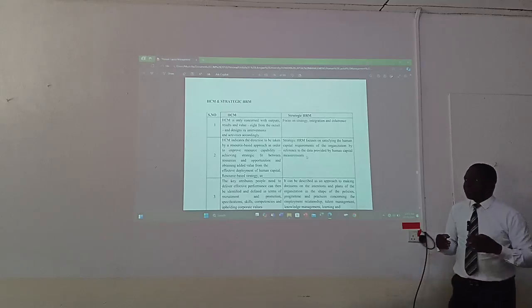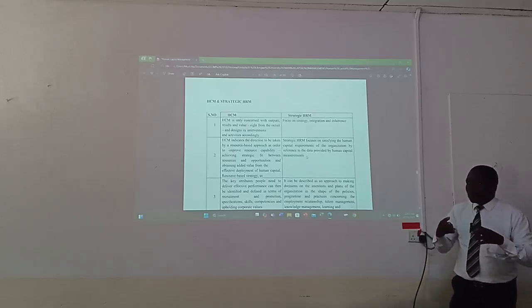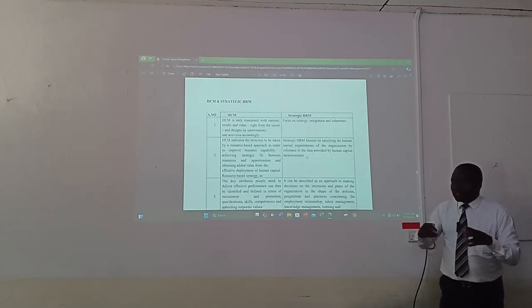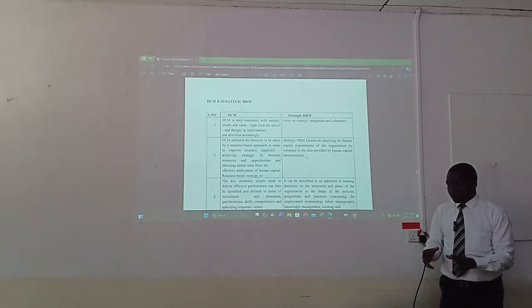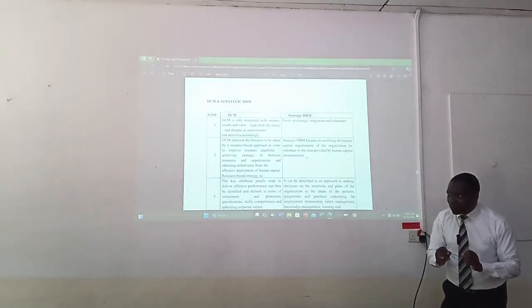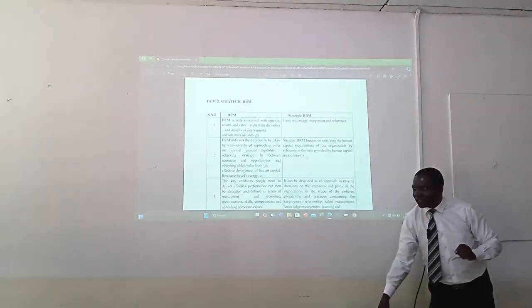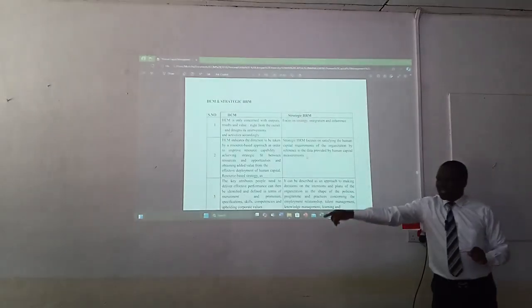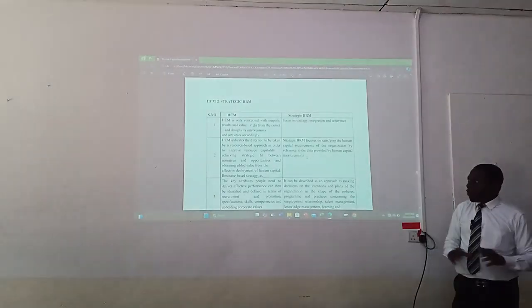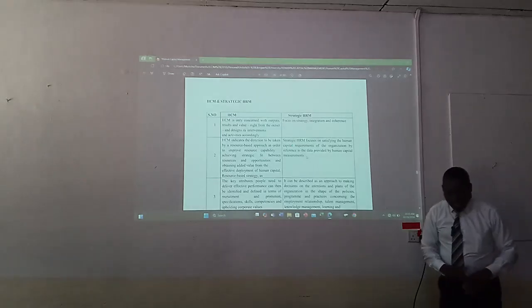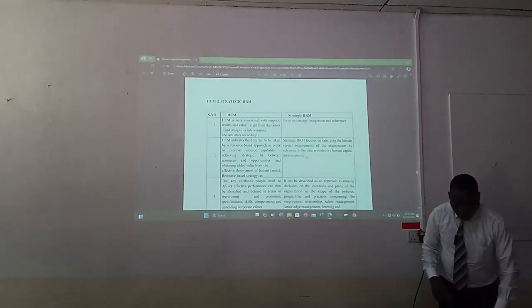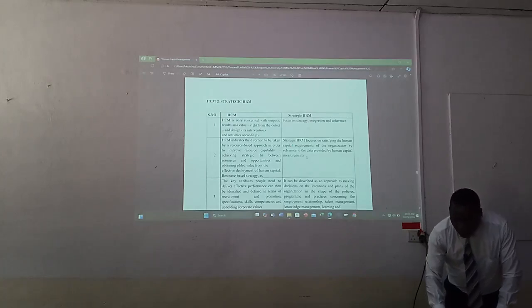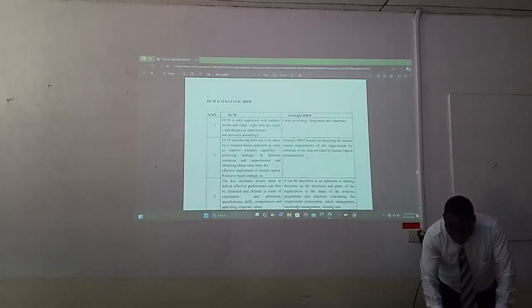So they look at what we can do in order to get people that are skilled, because it is these skilled people who can give us the end results. If we just get people for the sake of getting people, we may not reach the intended results. So that's what we are saying here, that human capital management can easily be linked with strategic human resource management.